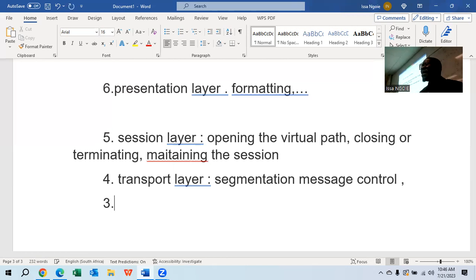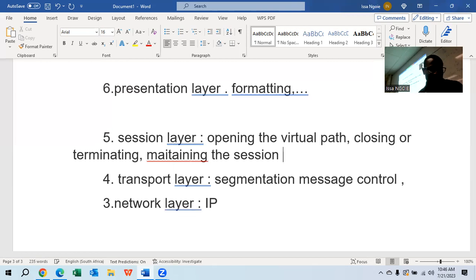Now the question will be, which network am I gonna go? Where am I going now? This is the network layer. Network layer means what? Making sure that your segment, your message, will reach the proper network. Done. Making sure that the message will reach a specific network by using what?